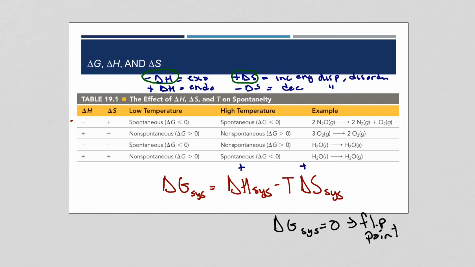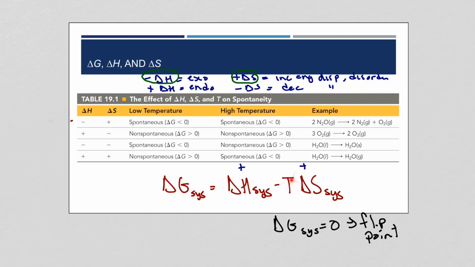we have a positive minus a positive, or if you want to call it a positive plus a negative. So we want this negative term to be bigger. So as T is lower, then if this term is more important, then delta G will be positive and non-spontaneous.